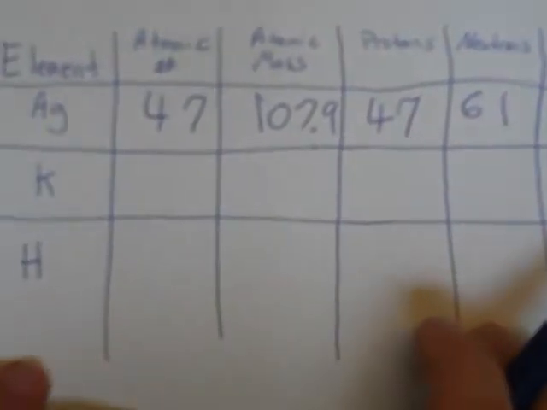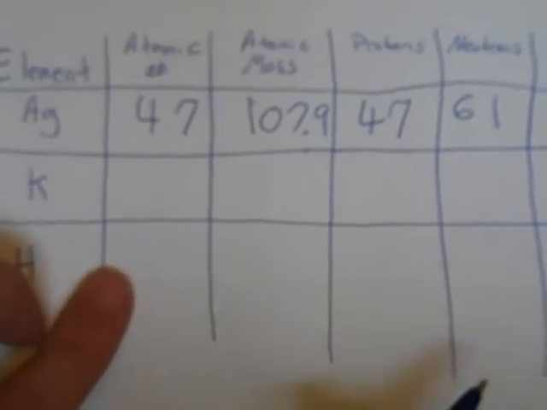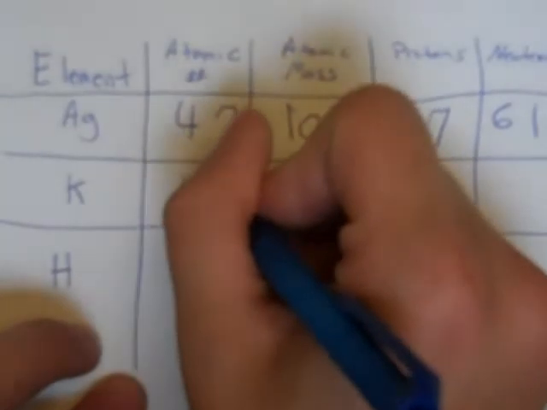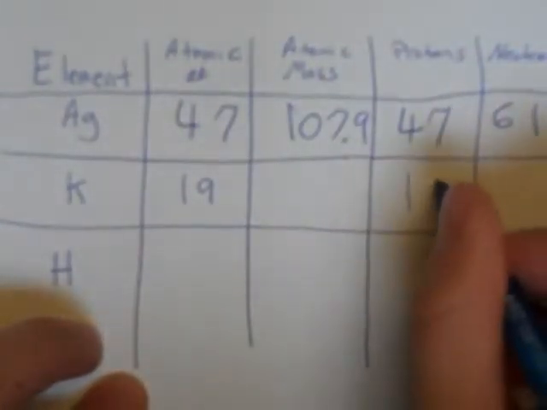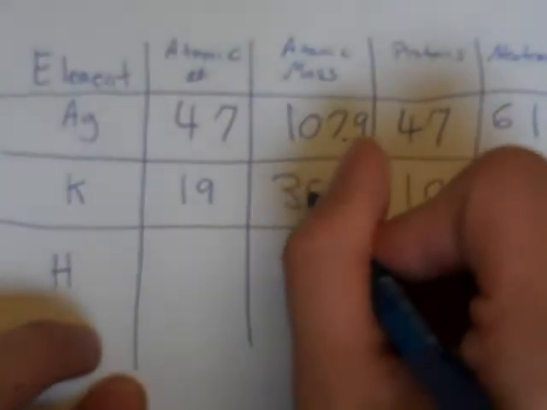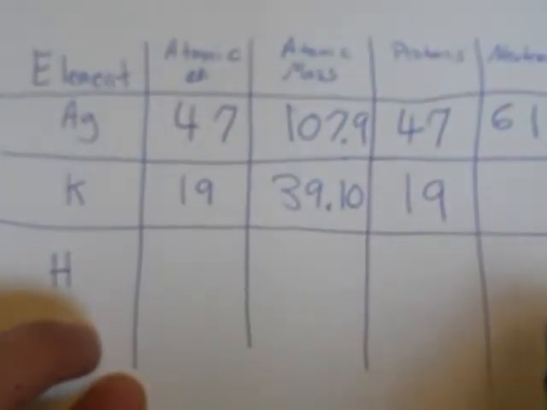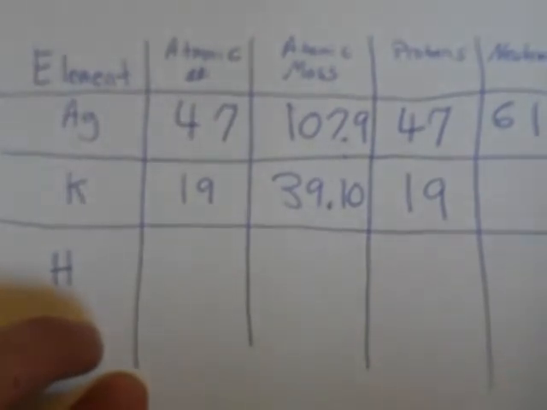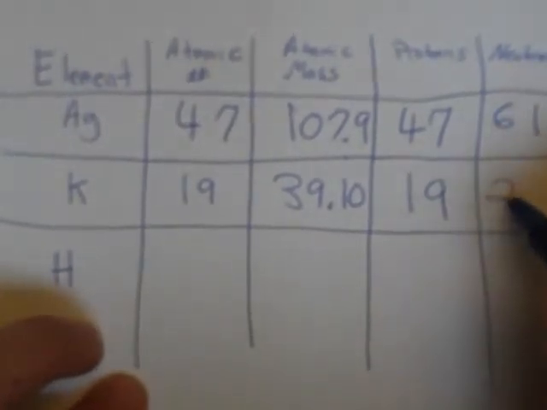Same thing with potassium here. Atomic number is 19, which means the protons is 19. Atomic weight 39.10, and that makes the neutrons 20 neutrons.